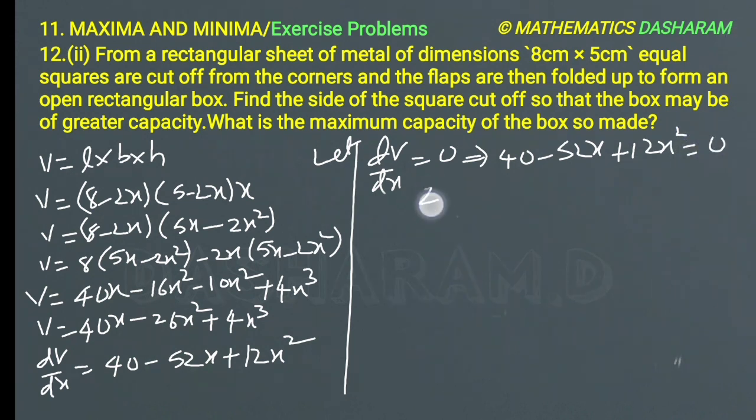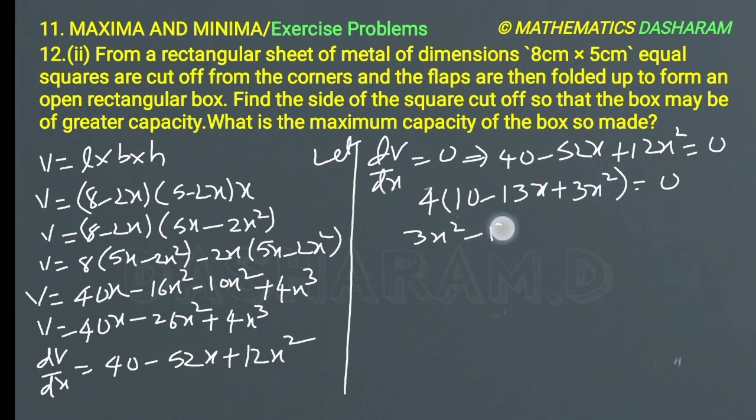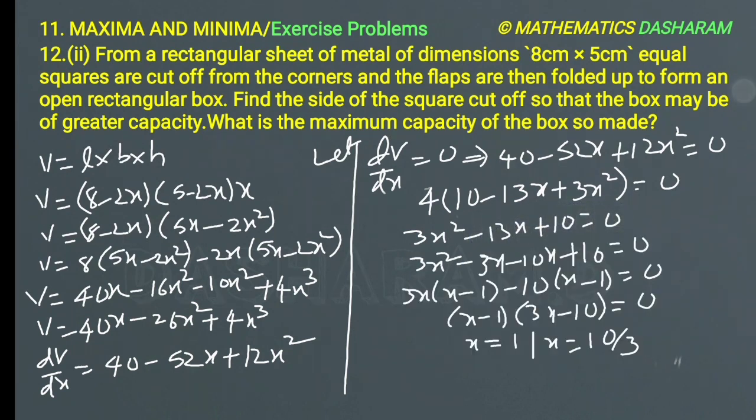Here we can take 4 common. 4 tens are 40, 4 thirteens are 52, 4 threes are 12. So then 3x square minus 13x plus 10 equals 0. So here we got two x values. One is 1, another one is 10 by 3.